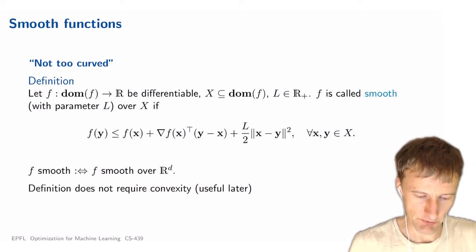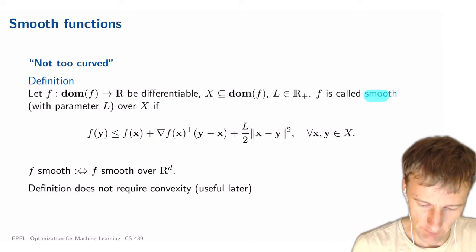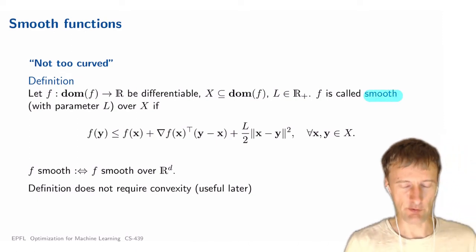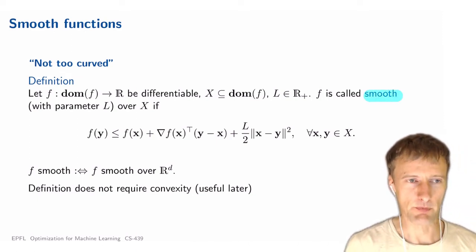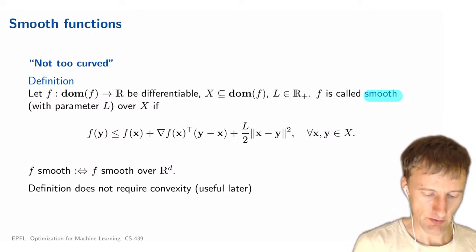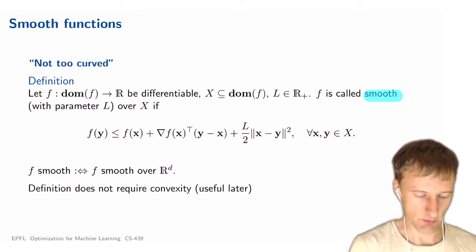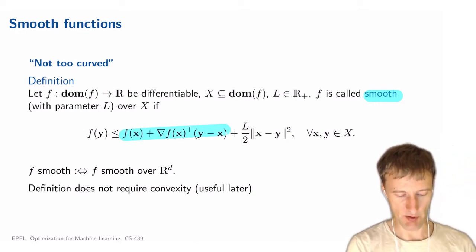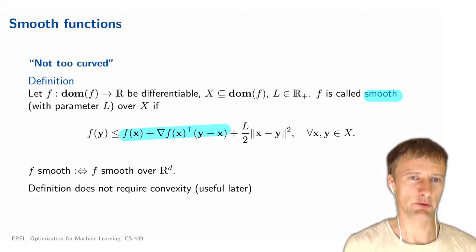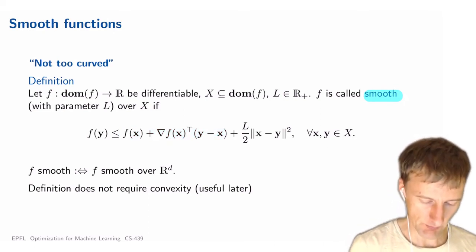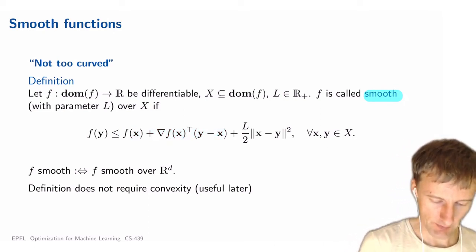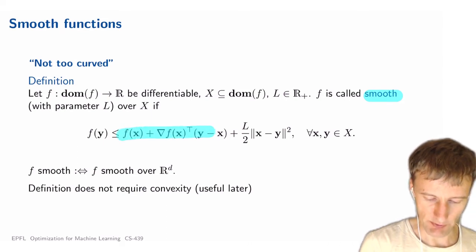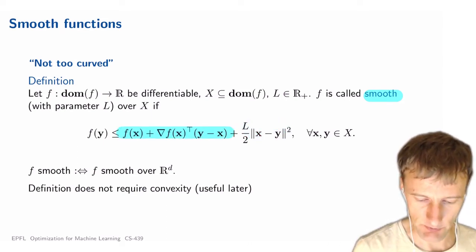Okay, what does it mean to be smooth? A function is smooth if it doesn't grow faster than quadratic. Or if you want to say it differently, you would say it's above its linearization, but not too much. So it's not above the linearization plus a quadratic term here.